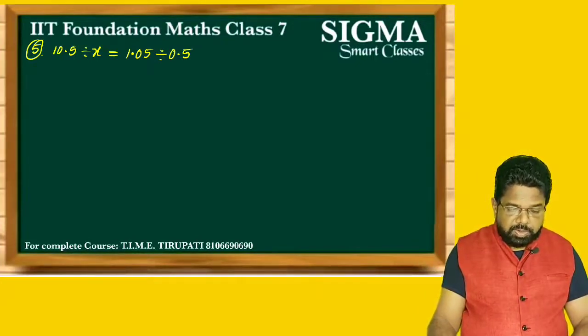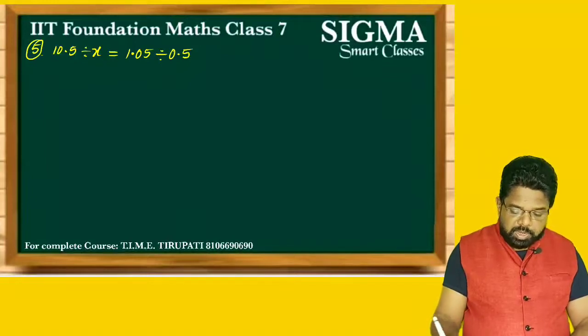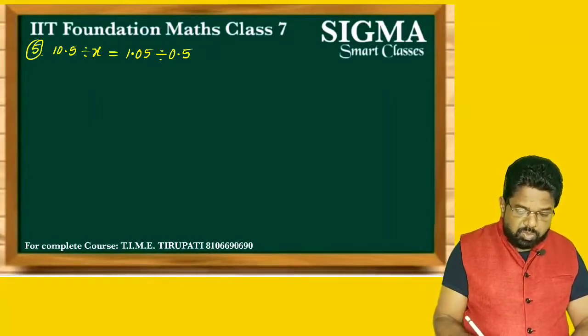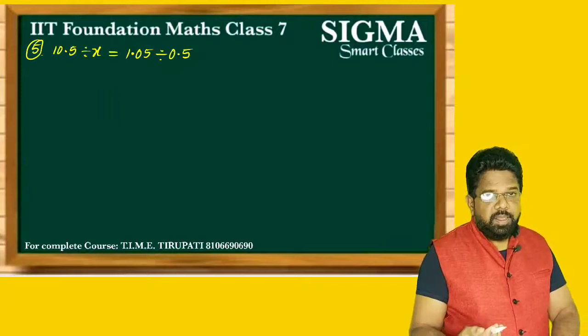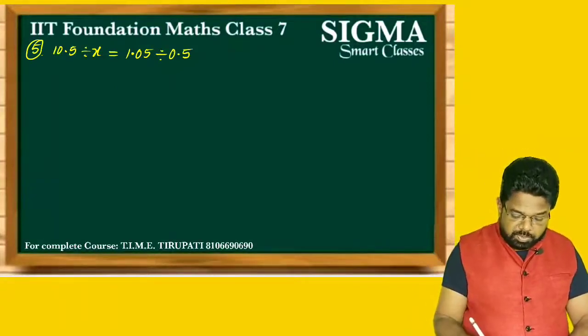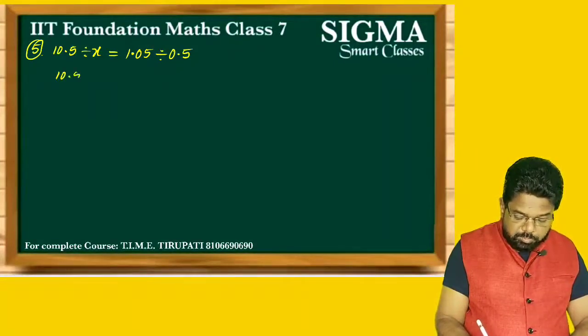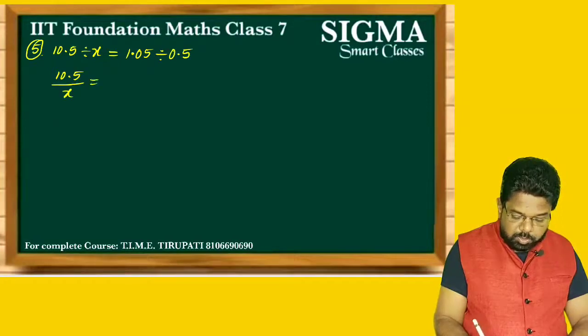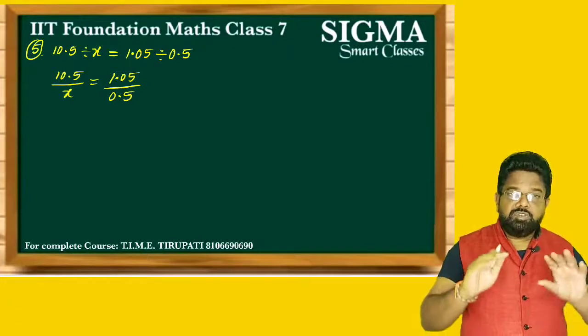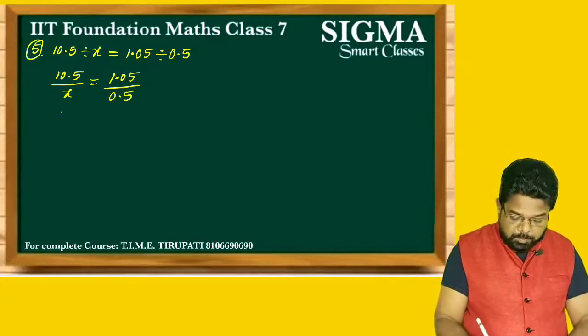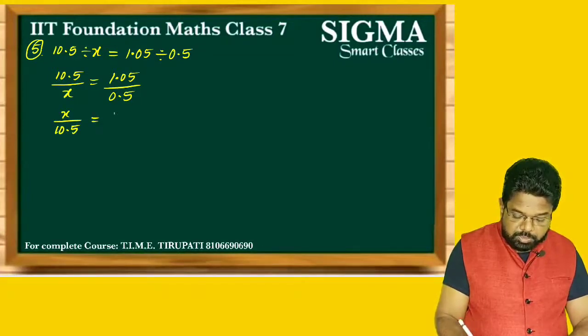Okay, so 10.5 by x equal to 1.05 divided by 0.5. What is the value of x? Our target is to calculate the value of x. Now see here, 10.5 by x is equal to 1.05 by 0.5. Now x is in the denominator, so take the inverse on both sides. So x by 10.5 equals 0.5 by 1.05.